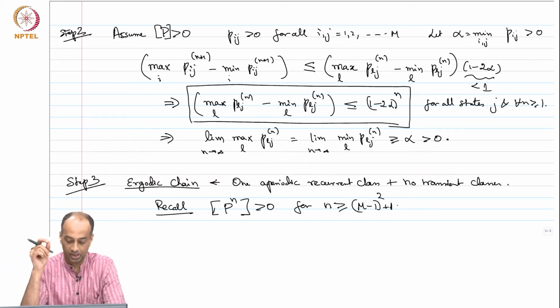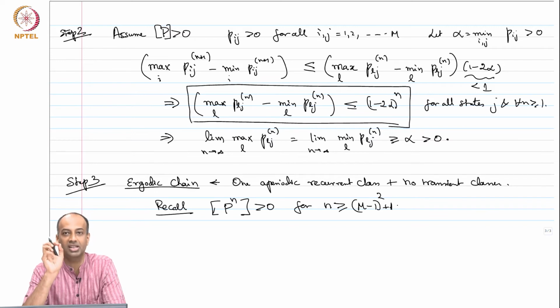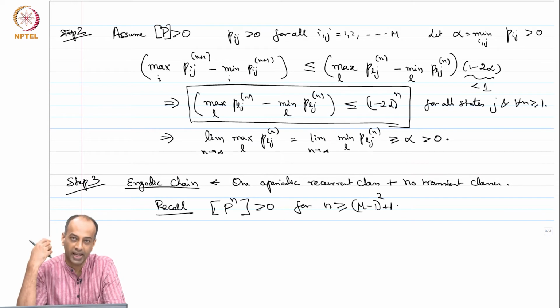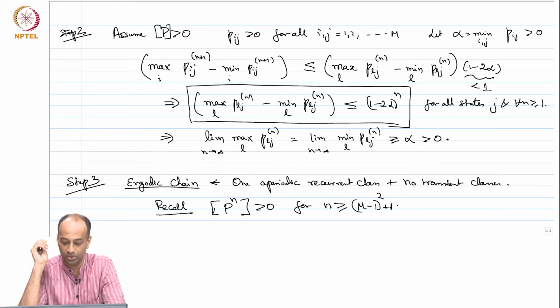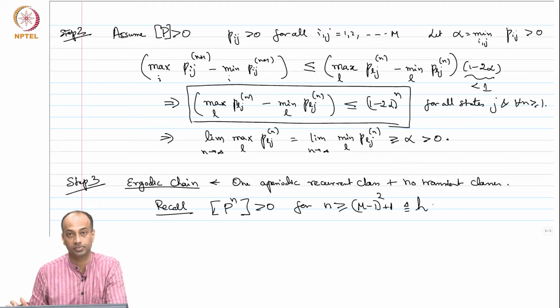So if you take n greater than roughly m square, then the n step transition probability matrix will have all entries strictly positive. The matrix P may not correspond to a complete directed graph, meaning some transitions may not be possible, but for n large enough, the n step matrix will have strictly positive entries. Let me call this number h.